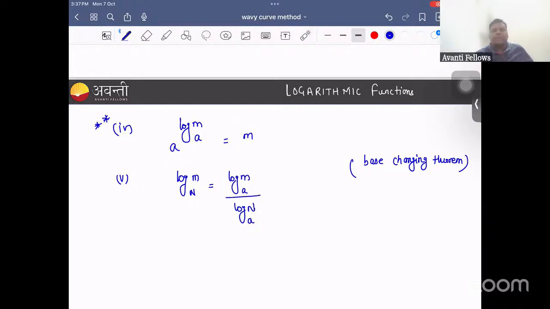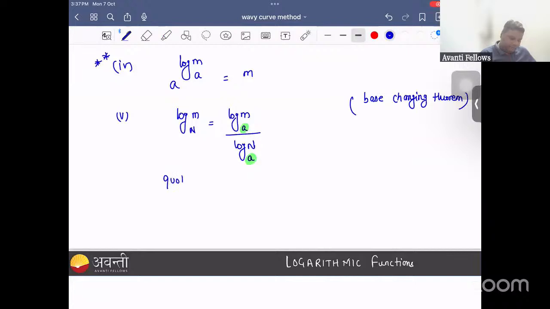You know, the exact theorem is: the quotient of the logarithm of two numbers is independent of their common base. This base should be same in both numerator and denominator. Got it?